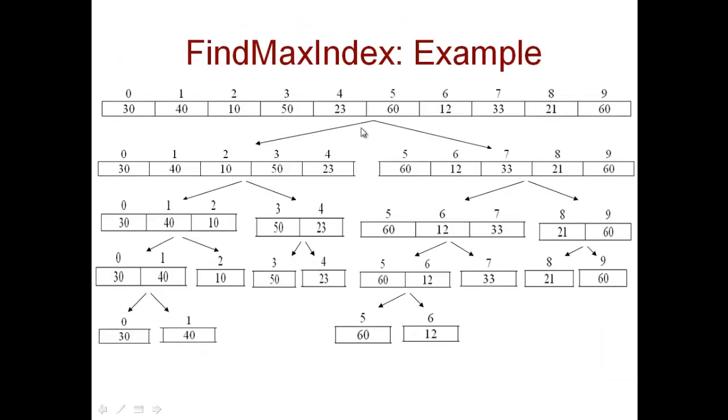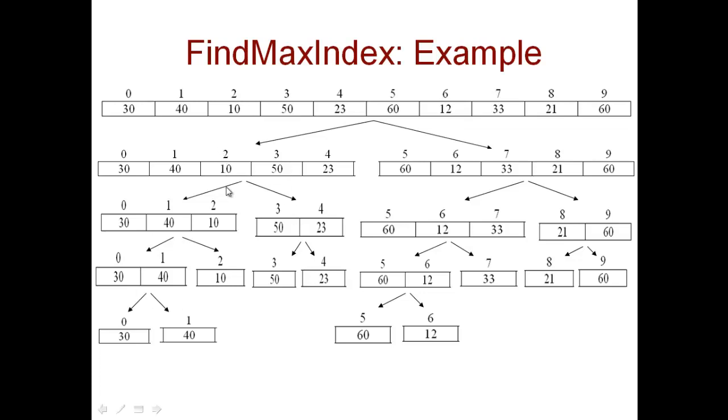So from here you right away go to this subarray, this subproblem. On the same array you still work based on the index and the same array pointer, and now try to break this into two subproblems. So you will call findMaxIndex again from 0 to 4. The middle index now will be 0 plus 4 over 2, which is 2.